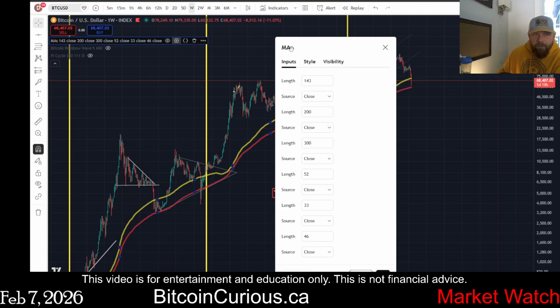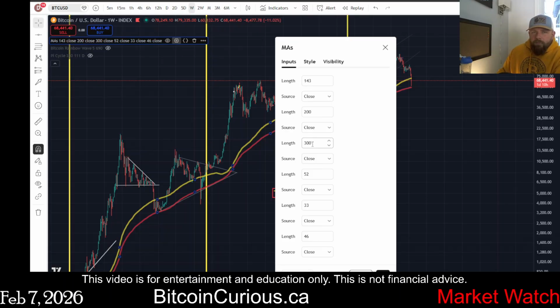You're going to go over to inputs. On the length for the yellow one, you're going to put in 143, because 143 weeks is roughly 1,000 days. The second one, you're going to put in 200. That's going to be for the red one, the red 200-week moving average.